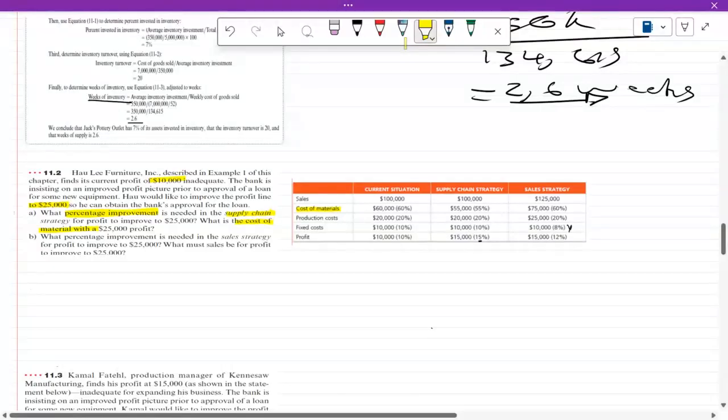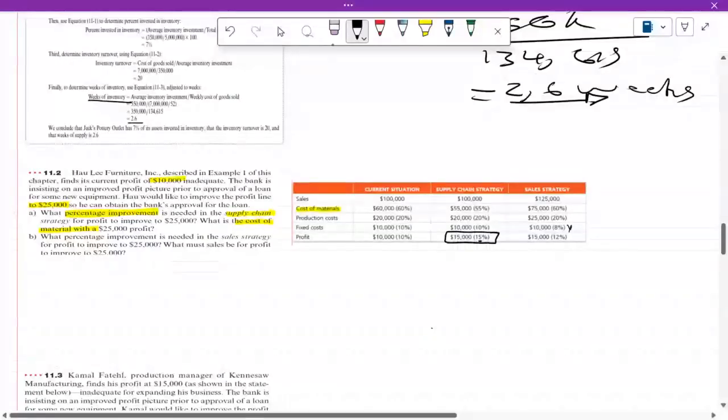So now, I know you've all forgotten these calculations, but let's redo them. In the case whereby you want to increase your profit to 25,000, you need to cut your cost. So you immediately take that cost that is required, you take it out of there.